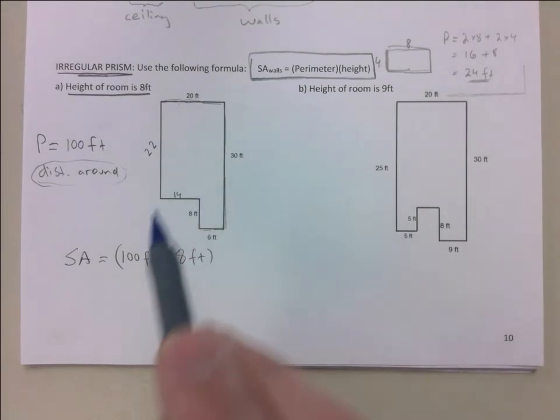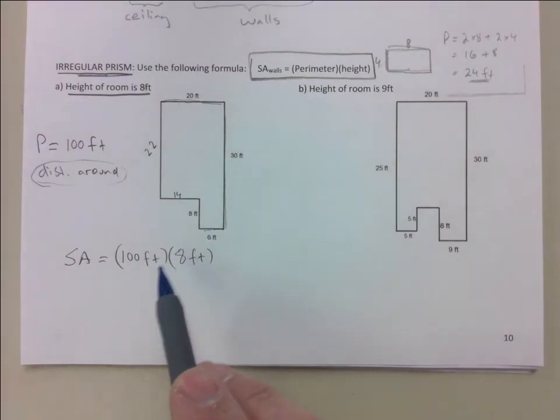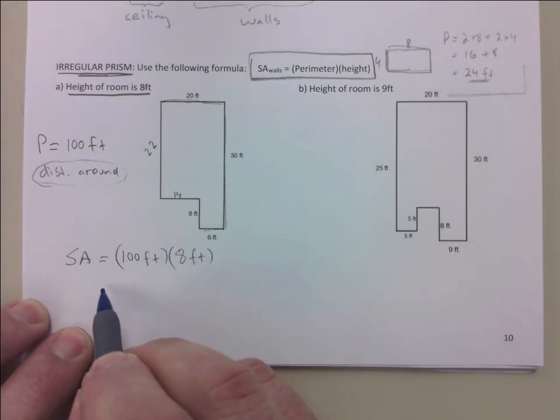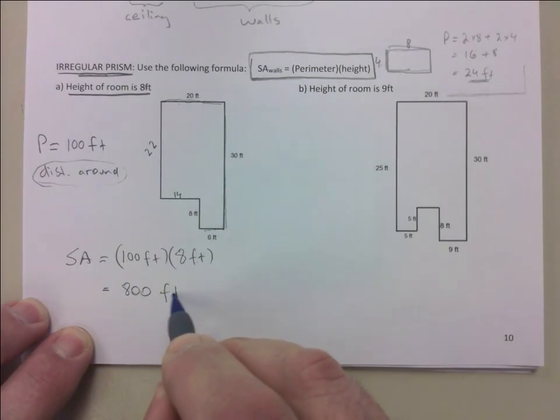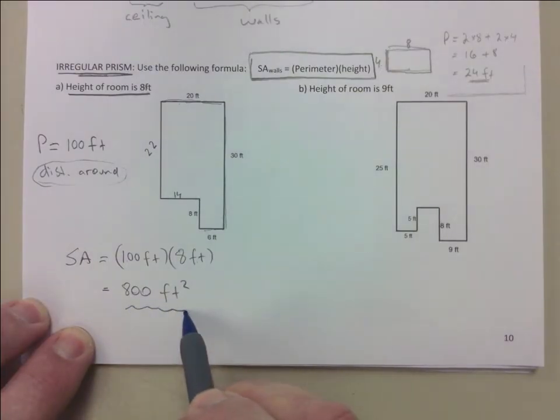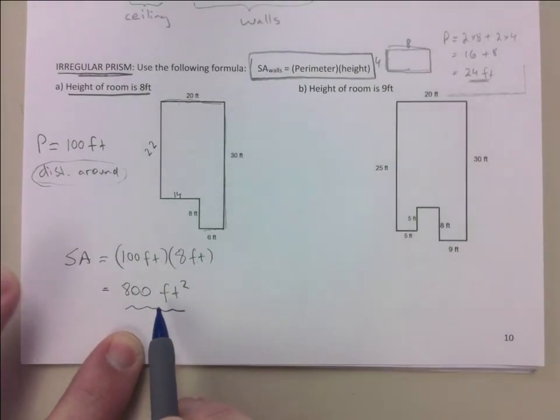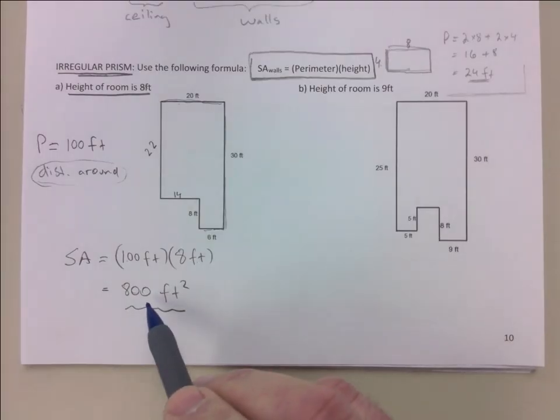You're breaking this down into just one long wall. It makes it a little easier. So if you multiply these two, you get 800 square feet. So that is the area that we need to paint. Minus any windows, minus any doors, anything that is not being painted, we would obviously subtract from this.